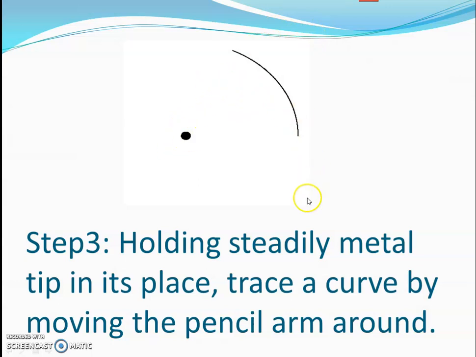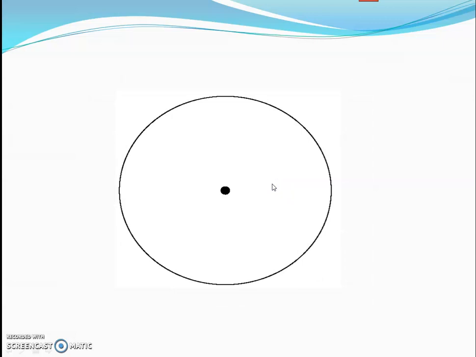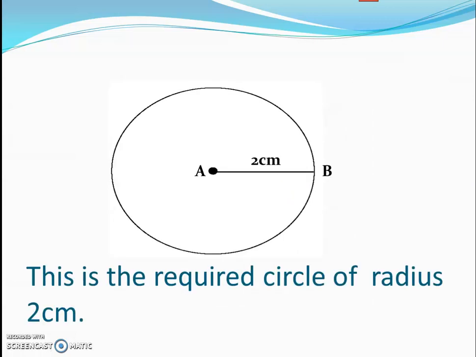Trace a curve by moving the pencil arm around. Keep moving like this and join it. Then mark it with A and B and draw the radius. Radius AB is equal to 2 centimeter. The required circle is this one with radius 2 centimeter.